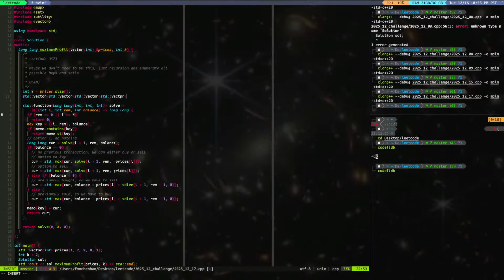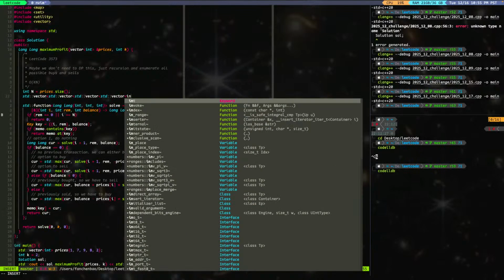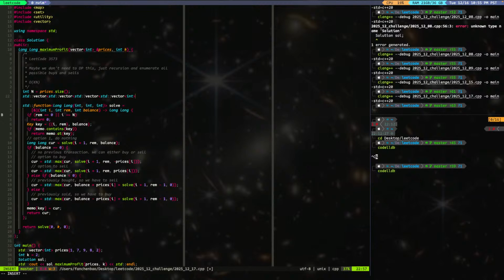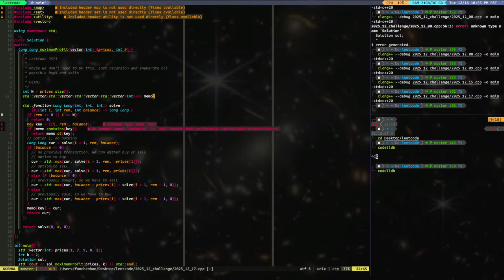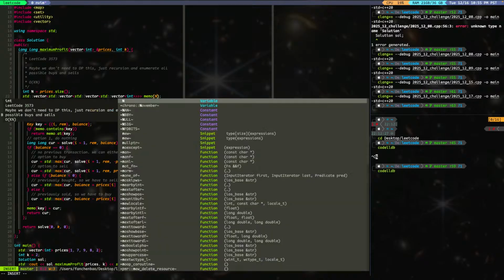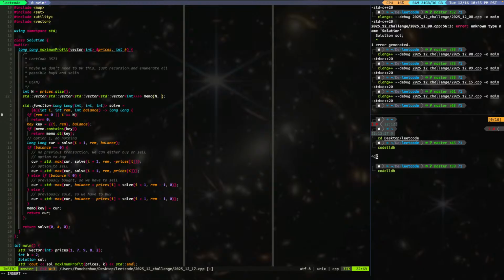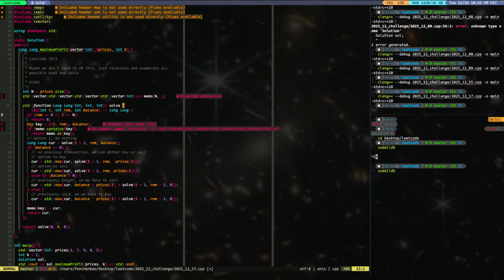That's what I understand, right? And so the first level is going to be n, right? This is I. So basically we have I remaining.